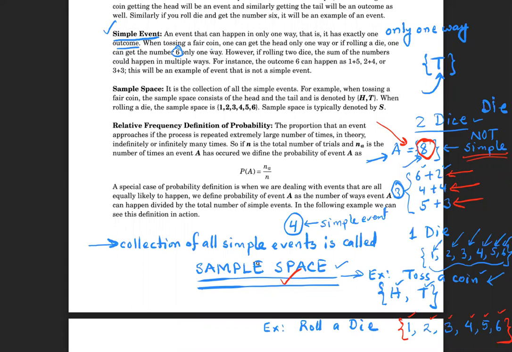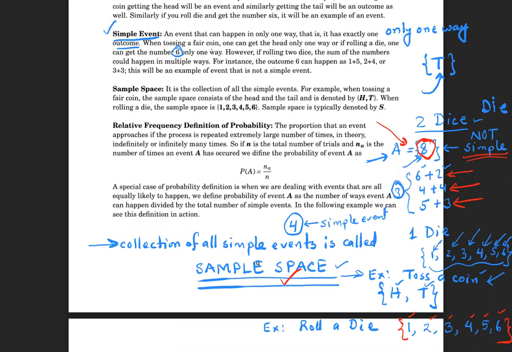If you remember these two examples, I think you will get a good sense of what a simple event is and what a sample space is. Now you can take these ideas and apply them to other specific examples that you might be interested in. Try to learn it with very simple examples, like tossing a coin and rolling a die.